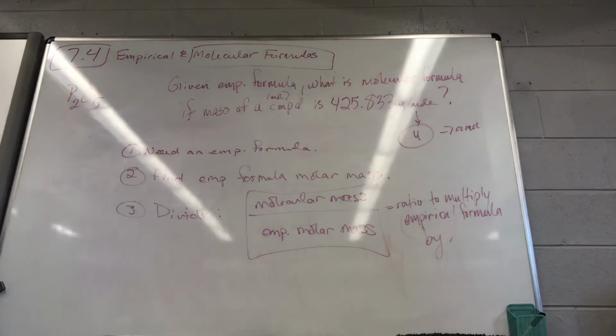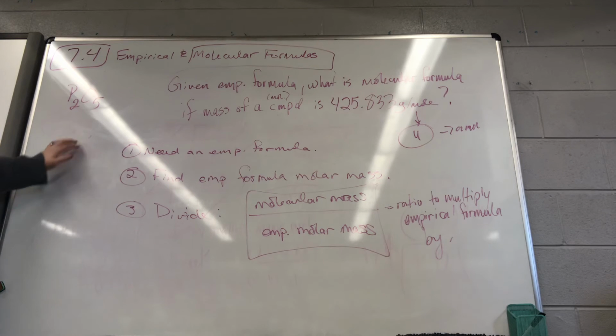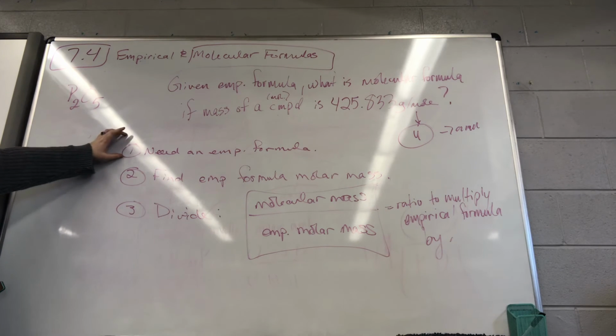So the last step is to take the molecular mass you're given, divide by the empirical molar mass you calculated in the previous step, and find a ratio. That ratio should again be a whole number. If it doesn't come out to be a whole number, something's wrong. And it could be with your empirical formula. If you screwed up here, there's going to be a problem down here.